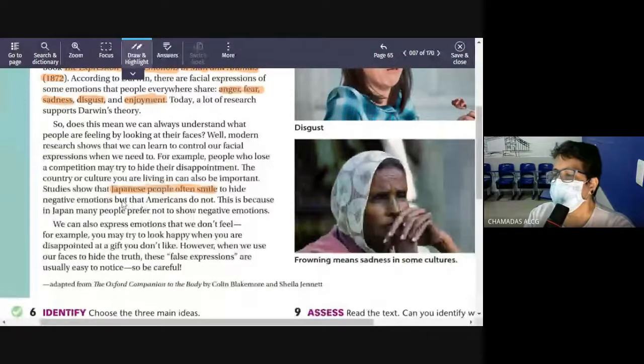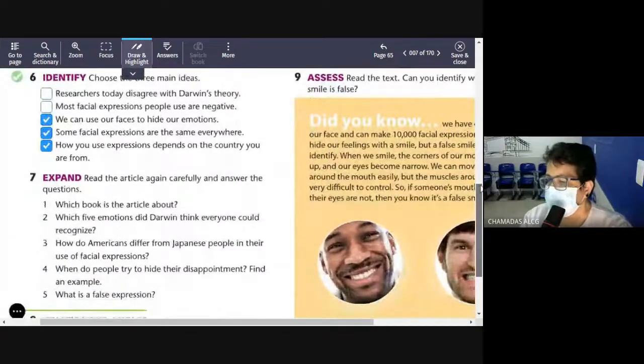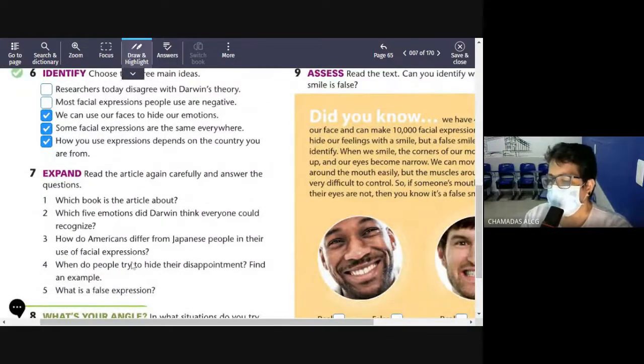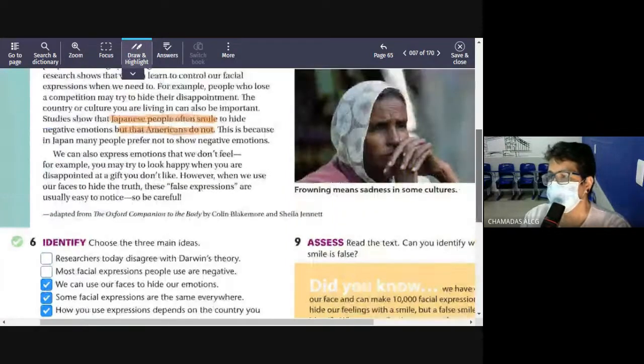But Americans do not. Okay? So, this happens because in Japan, many people prefer not to show negative emotions. Okay. Now, when do people try to hide their disappointment? Find an example. Let's see here.